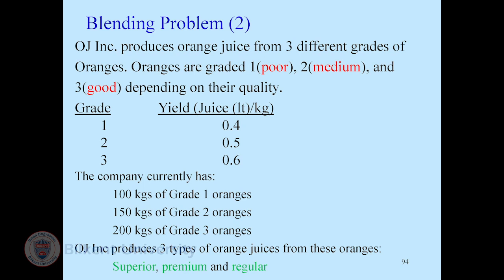Grade is 1, 2, or 3. Depending on the average in the output, I will label these as regular, premium, or superior. So the question is, I have this many oranges, 100, 150, and 200 kilos of grade 1, 2, 3. How do I mix them? Is the problem clear?